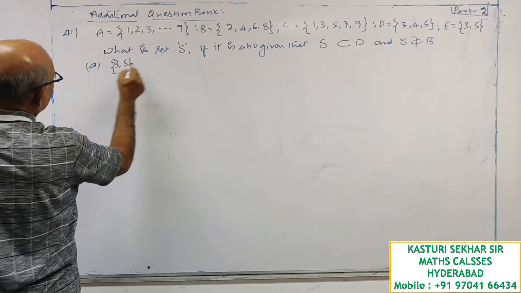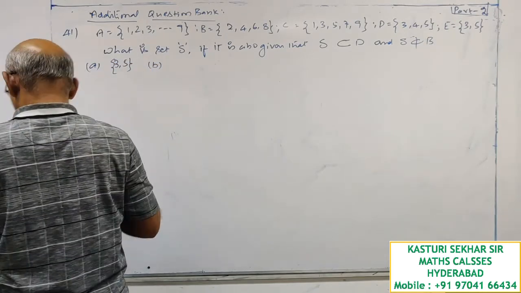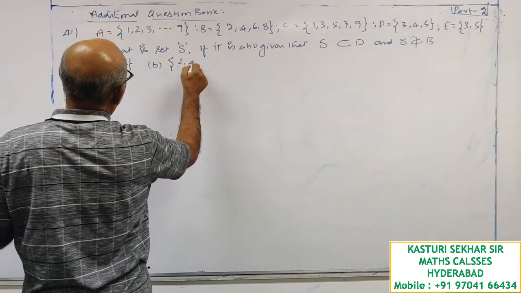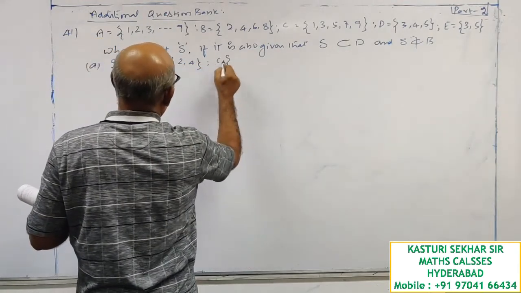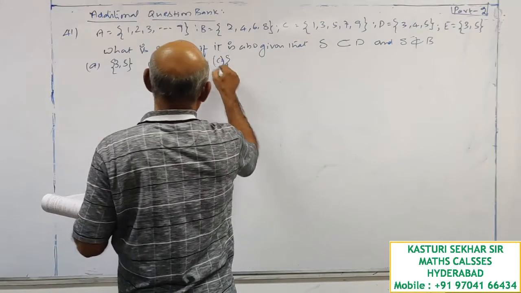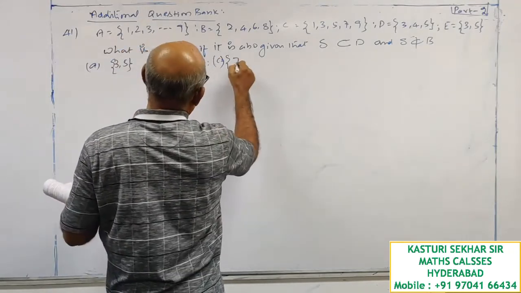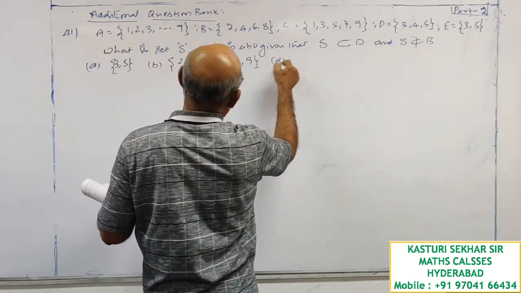Option A: 3, 5. Option B: 2, 4. Option C: 7, 9. Option D: none.